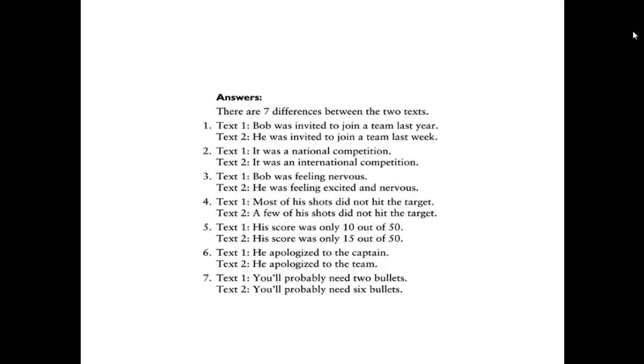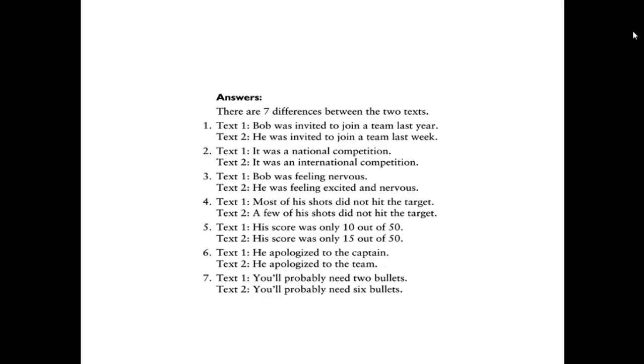This is the first one. 2. In text number 1, it was a national competition, whereas in the second one, it was an international competition. 3. In the first text, Bob was feeling nervous, whereas in the second one, he was feeling excited and nervous.